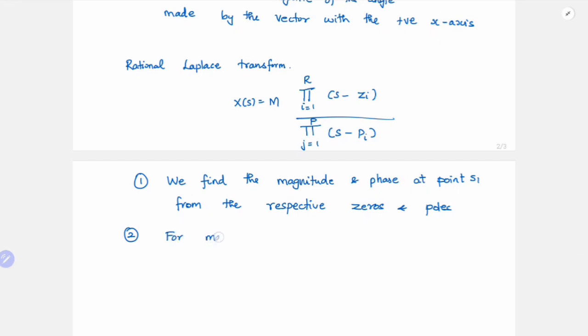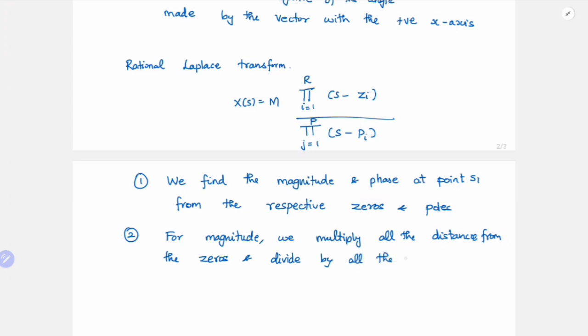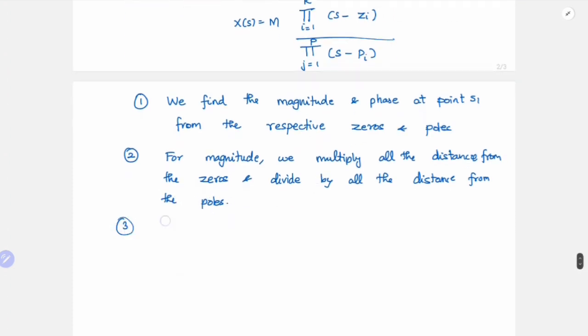For magnitude, we multiply all the distances from the zeros and divide by all the distances from the poles. And for phase, we need to add them.